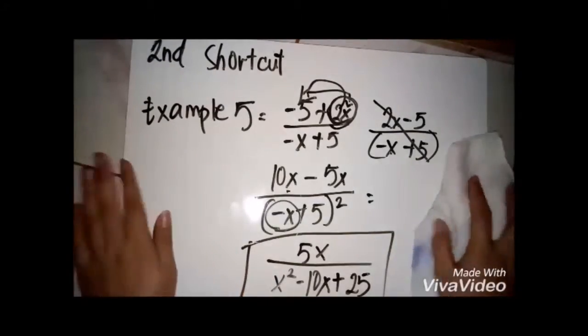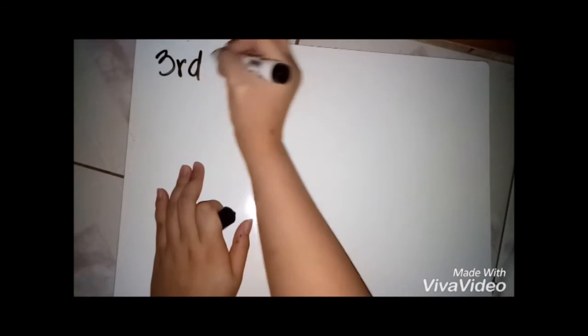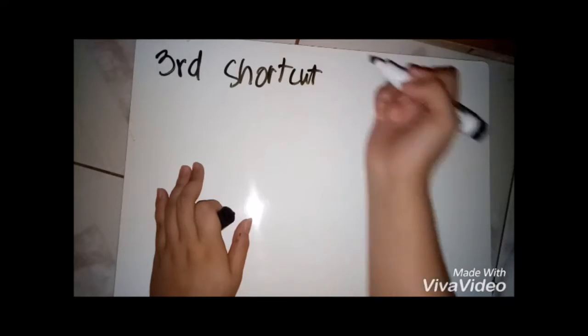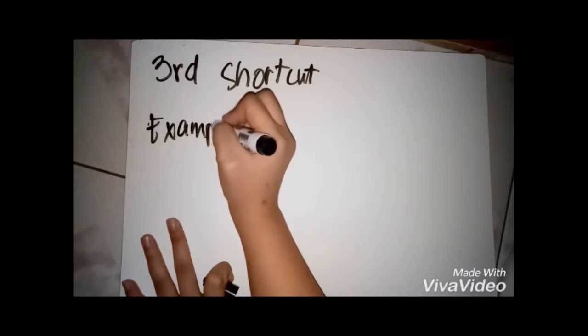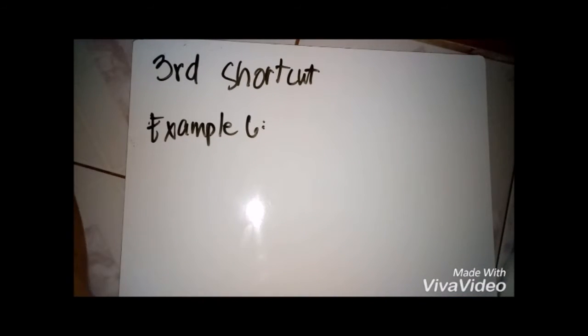So we'll proceed to the third shortcut. Example number 6. The third shortcut is about radicals. So we have the square root of 2x plus 1.